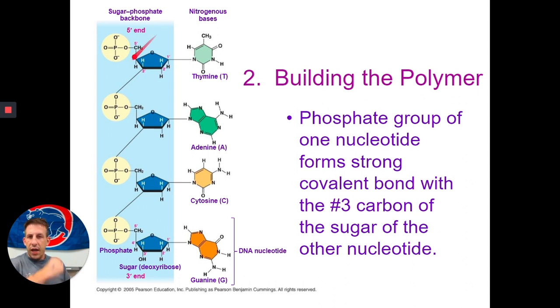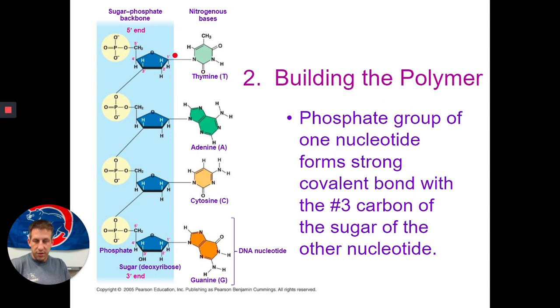The reason this side up here is labeled the 5' end is because of how this ribose sugar is labeled. This is another crash course in organic chemistry. The way they label the carbons in the sugars, they usually start at the very top of the molecule. In this case, the top has an oxygen, so we don't start there, so we go next to the right.